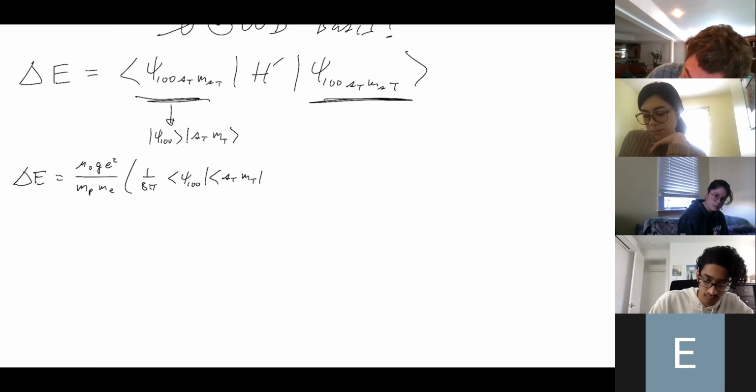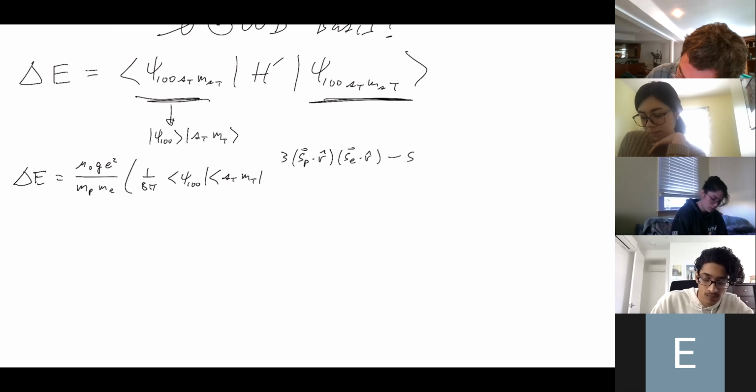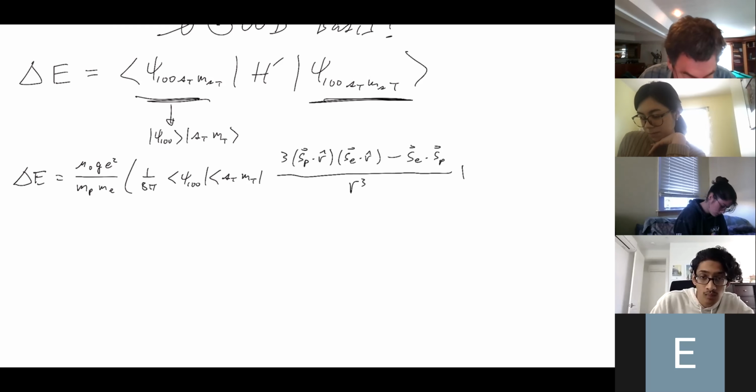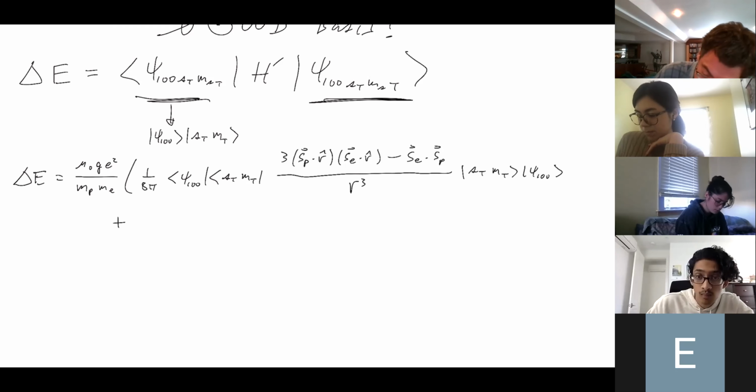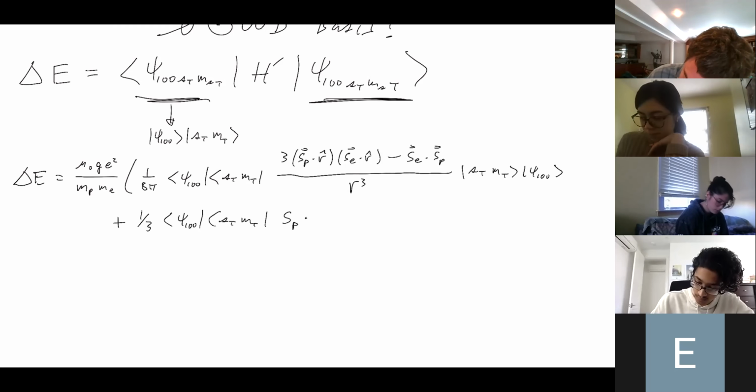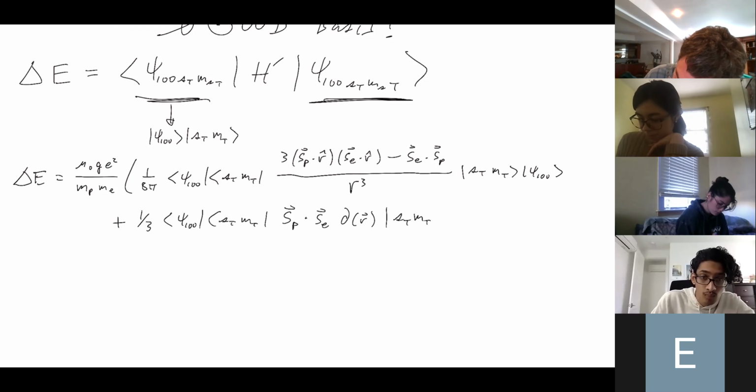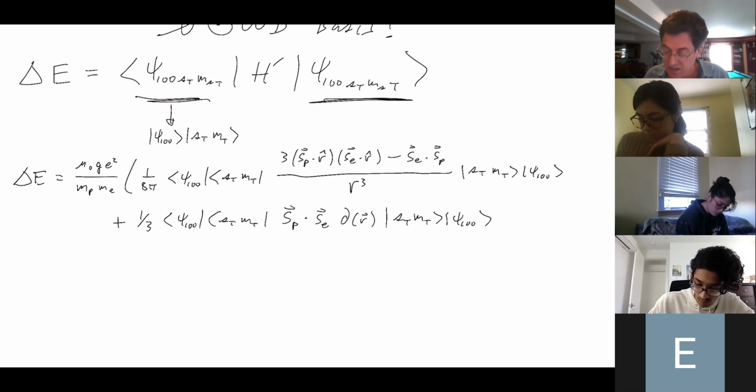Then I have my 3 times SP dot R hat, and I have my SE dot R hat, minus SE dot SP, divided by R cubed, sandwiched into the spin and spatial wave functions, and then I have to add plus 1/3 psi 1, 0, 0, S total, M total, SP dot SE delta of R, ST MT psi 1, 0, 0. Okay, so that's what you get when you sandwich it in.